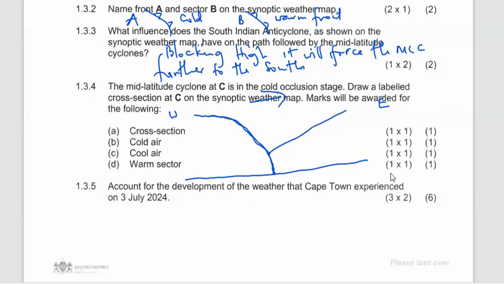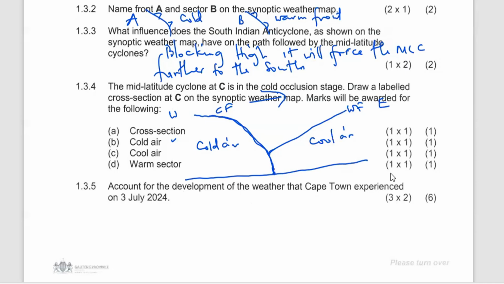Our warm front starts from the top, touching the cold front, going in that direction. And we want to indicate the direction of the cold air. So we must label, this is our cold front, and this is our warm front. Right, so where is the cold air? The cold air is from behind here, and this one becomes the cool air.